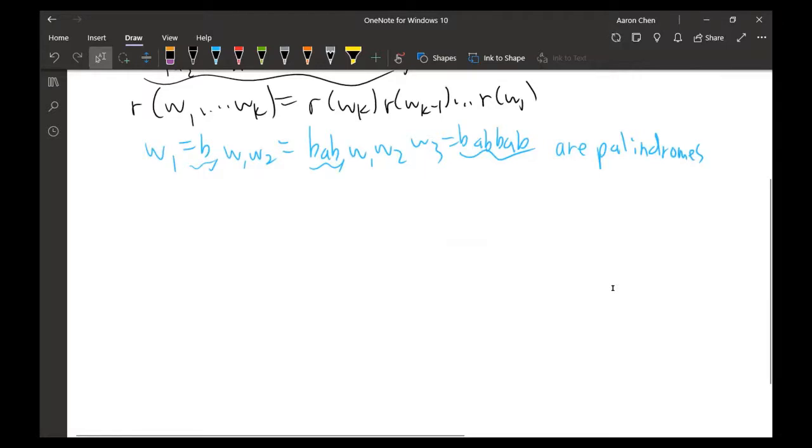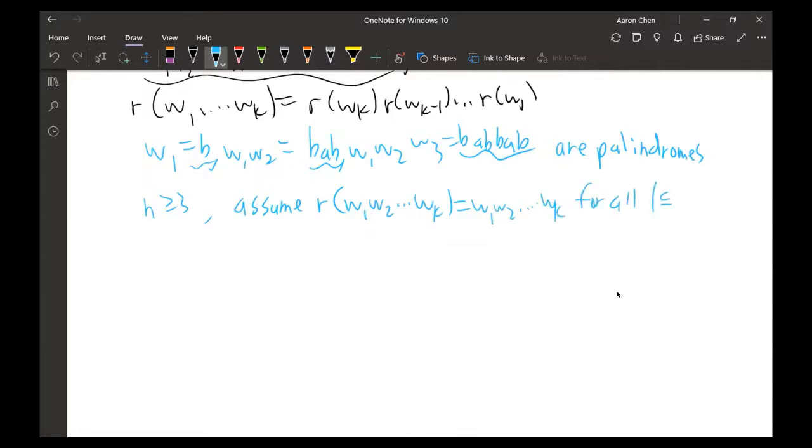So now we can define n is at least 3. And so we now assume R of W1, W2, all the way to Wk is equal to W1, W2, all the way to Wk for all k between 1 and n.